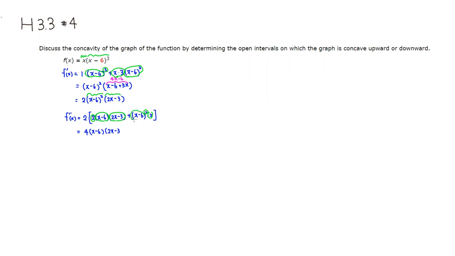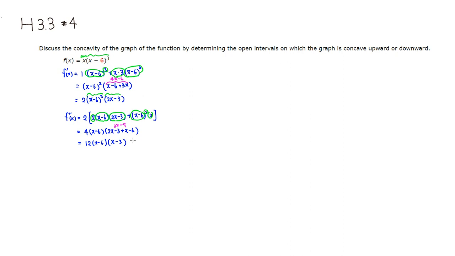Then we have another x minus 6, so plus x minus 6. If you combine that, this is going to be 3x minus 9. So we can pull 3 out, combine with 4, so that's 12, x minus 6, and then with 3 factored out, you have x minus 3.